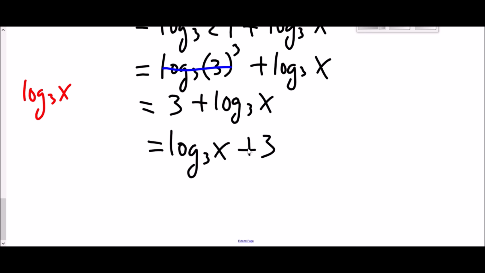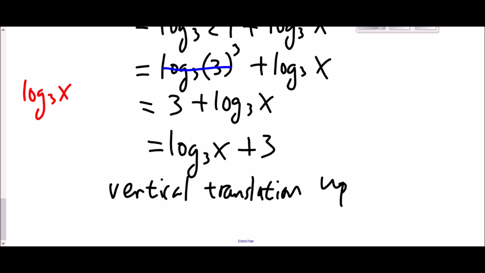That means there is a vertical translation of 3 units up. So I'll quickly write down here. Vertical translation of 3 units, or up by 3 units.